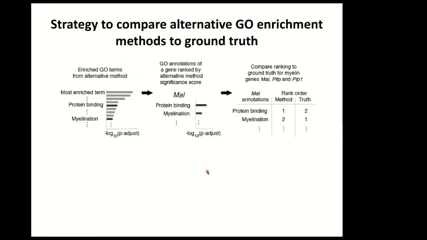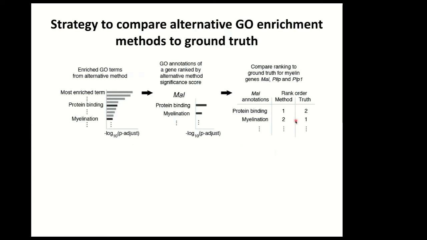But can we do this more generally? Can we compare how GeneWalk does compared to these global enrichment methods? The alternative methods basically give a ranked list of GO terms, so that for each gene, like MAL, we can just take significant terms and rank them by their global relevance score.